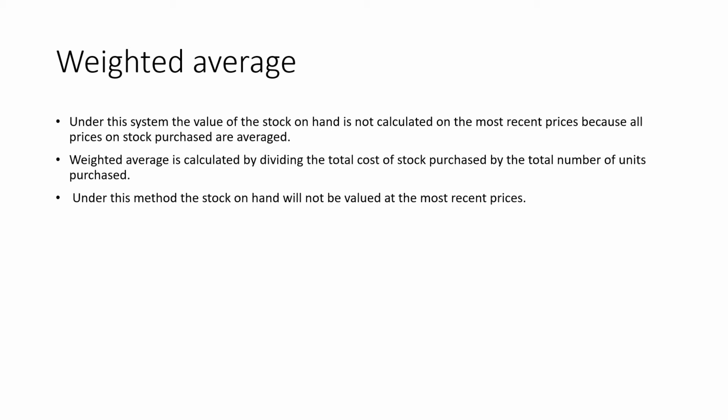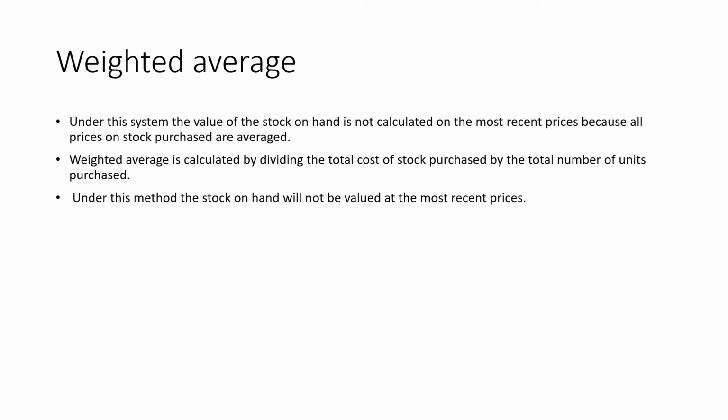Weighted average is calculated by dividing the total cost of stock purchased by the total number of units purchased. Let's say we bought stock for 50,000, divided by the total number of units. Let's say we bought 10,000 units. So you're going to say your 50,000 divided by your 10,000 units. That's how you get your weighted average.